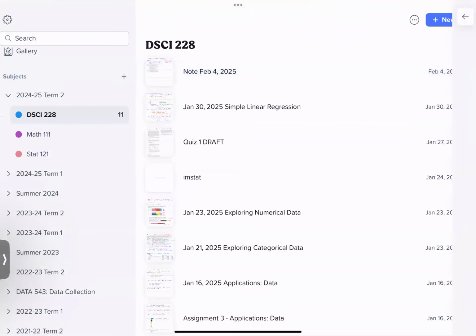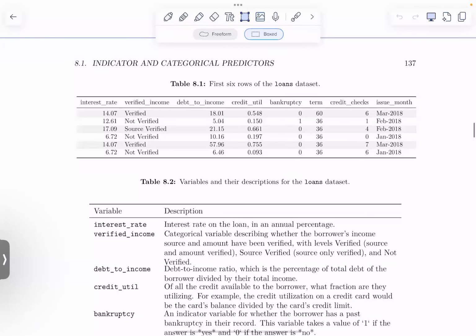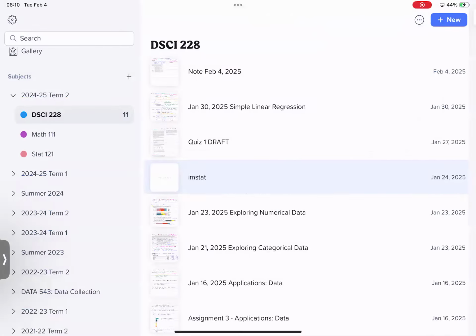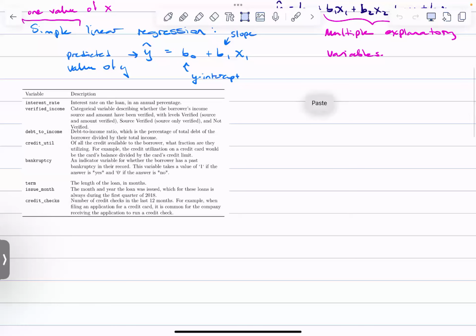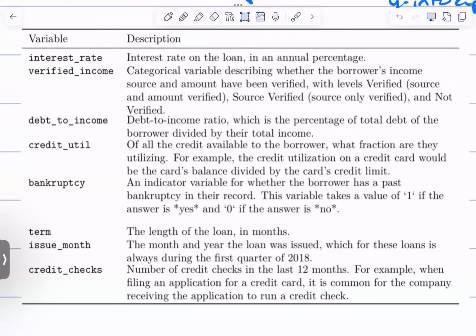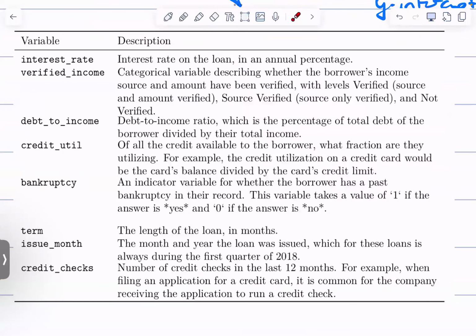They also include a snapshot of what this data typically looks like. Because I have room, I'll sneak it in here, small in the notes, but I'll zoom in. So we've got information on loans, from Lending Club, I think. We've got the interest rate, which is the interest rate the borrower got on a loan.